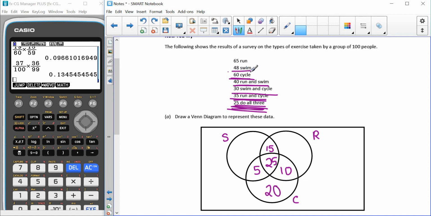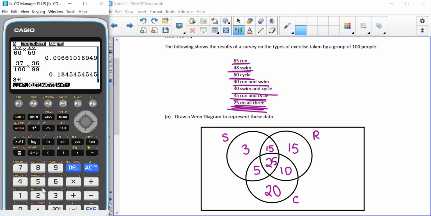For swimming, we're meant to have 48, but we've got 25, 15 and 5 already gone, which adds up to 45, which means we have 3 people that only do swimming. Lastly, for our just runners, we're going to have 10, add 25, add 15, which means that we already have 50 people, which leaves us 15 left over who only do running.